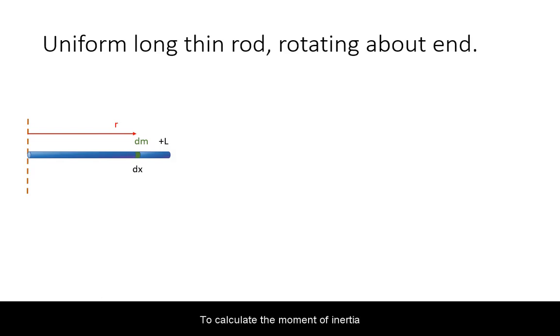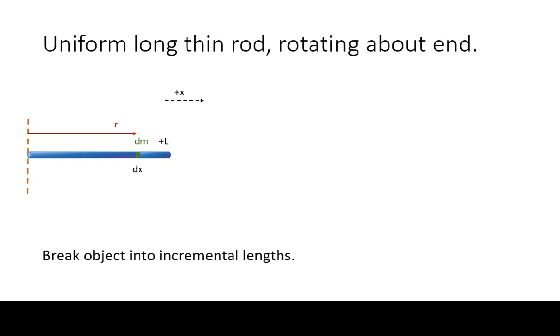To calculate the moment of inertia for a long, thin rod rotating about its very end, the steps are very similar in breaking the object into its differential mass and setting up the integral.